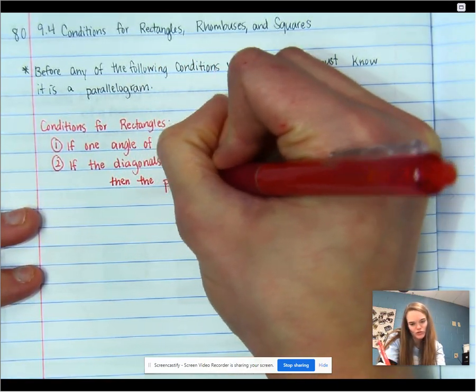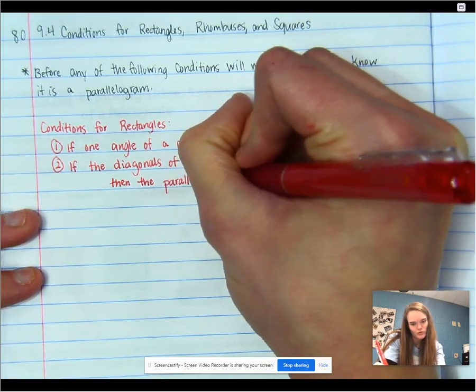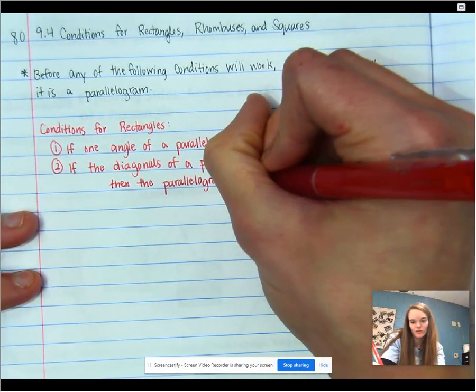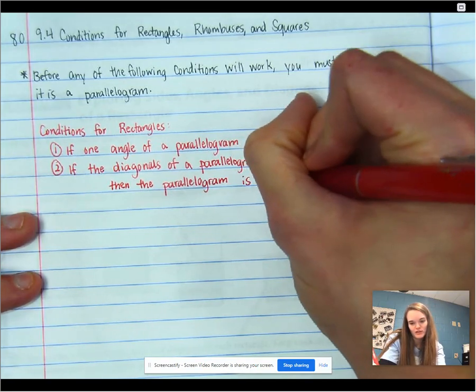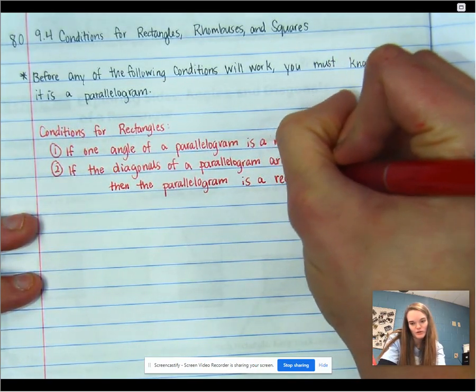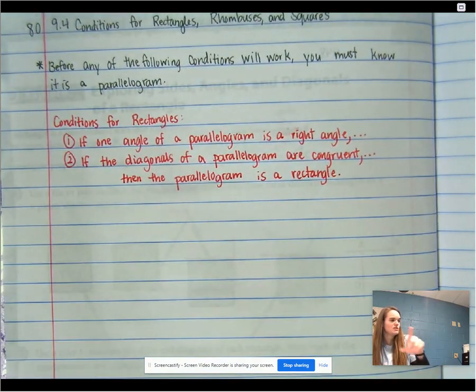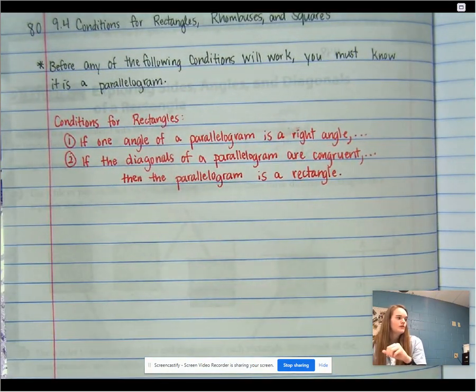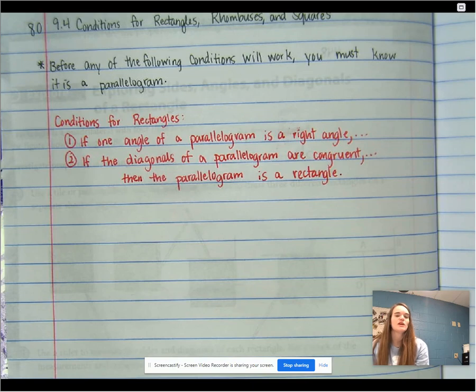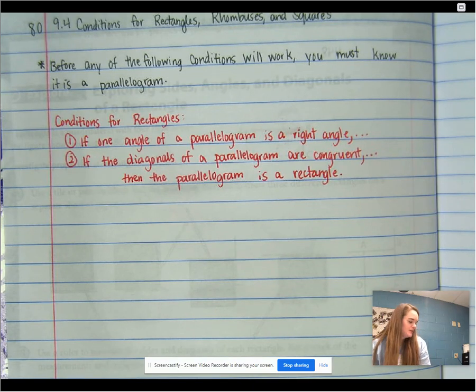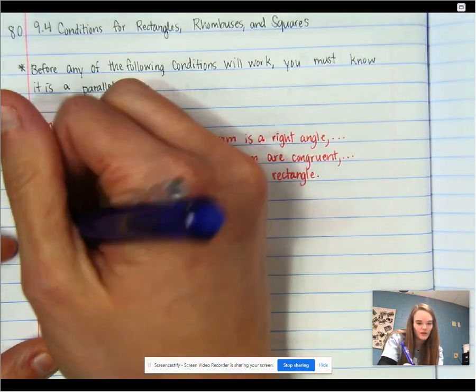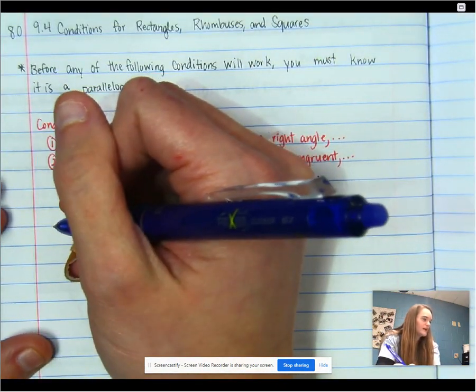You will use either one or two to prove that something is a rectangle. It has to be proven that it is a parallelogram first. These are the conditions, and you'll just write down that's a condition for a rectangle in your proof. They are technically theorems, but they are not named theorem. It's just theorem. They stop naming them after a while because there are so many theorems. If it's not a special thing, they don't name it. It's just one of the rectangle theorems.